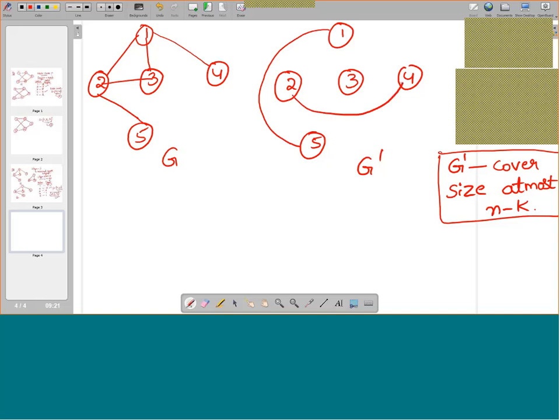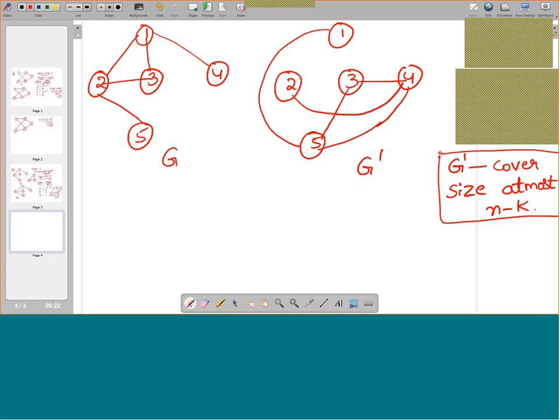Next, from 3, 3 to 1 present, 3 to 2 present, 3 to 4 and 3 to 5 not present. We'll include 3 to 4 and 3 to 5. Next, from 4, only 4 to 1 is present. So we need to include 4 to 2, 4 to 3, 4 to 5. 4 to 2 and 4 to 3 are already included, so we'll include 4 to 5.